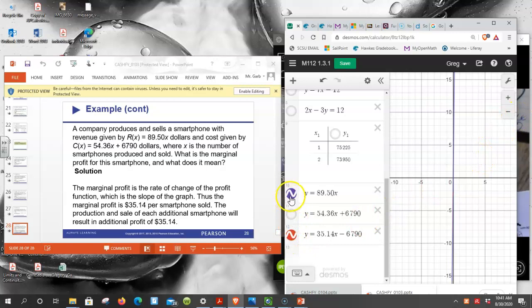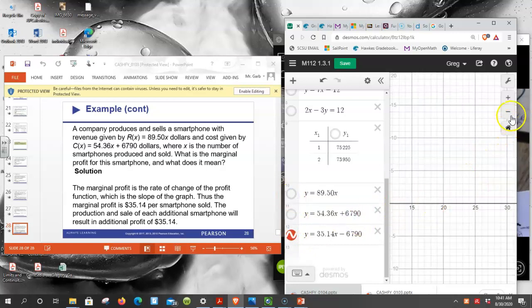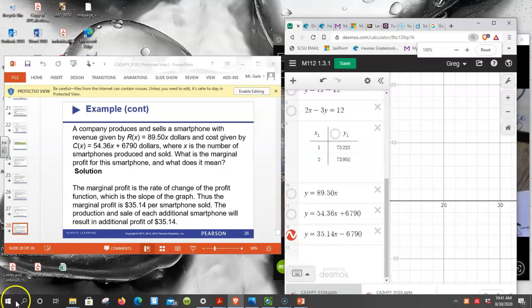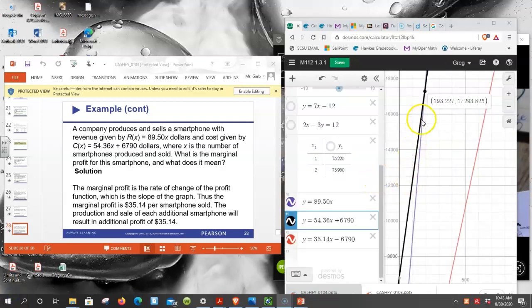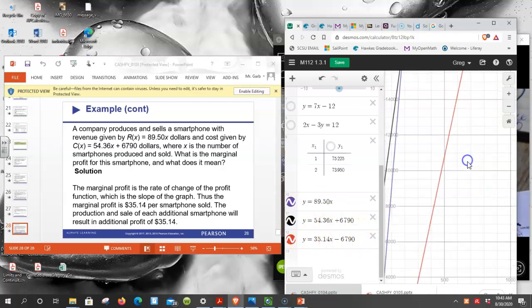Just want to show you something here. You have to sell a certain amount of phones in order to be profitable. So when revenue equals cost, right here, you see it together at 193 phones, a little more than 193 phones. Remember that profit is revenue minus cost; the red is the profit or marginal revenue.